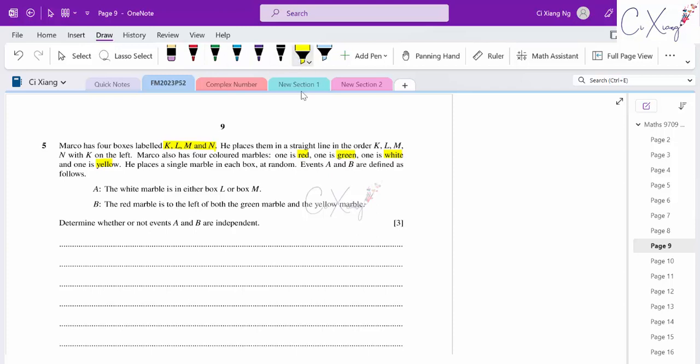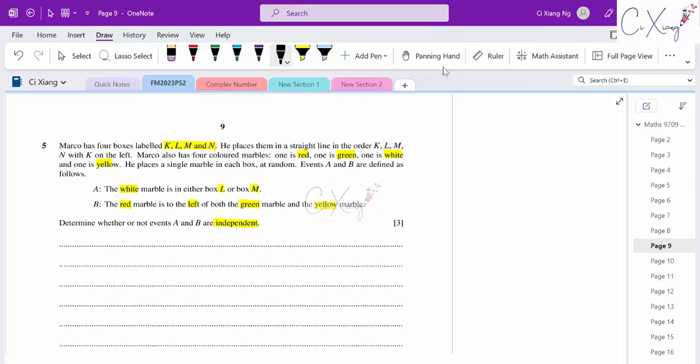For event A, the white marble is in either box L or box M. Event B is the red marble is to the left of both the green and yellow marbles. For this question, they want us to determine whether or not events A and B are independent.